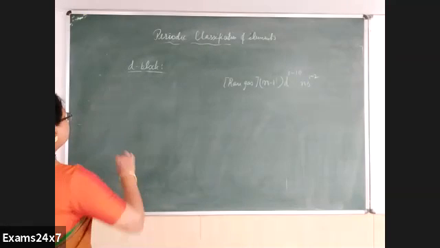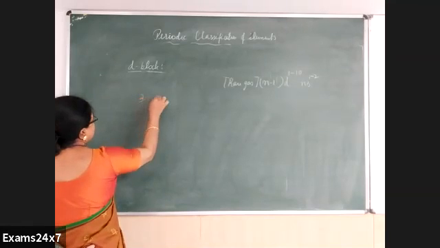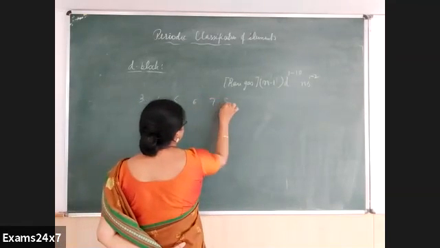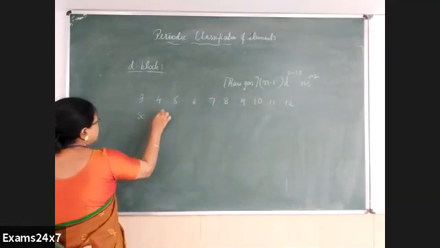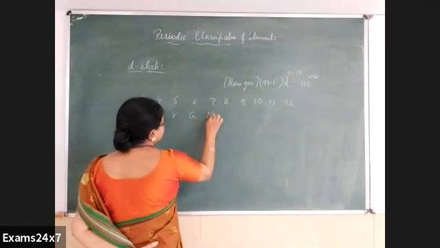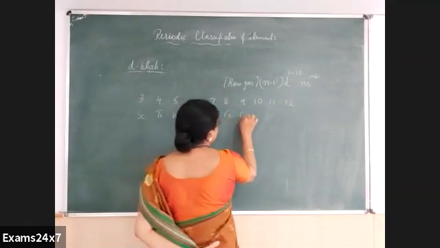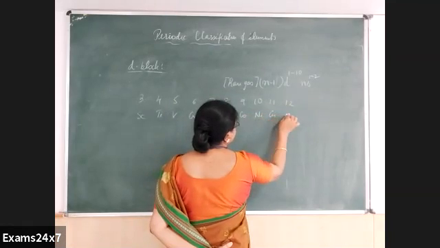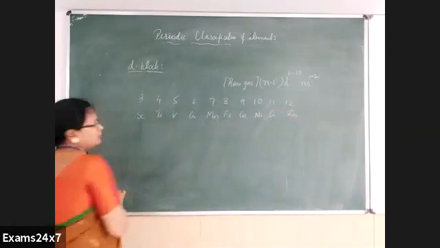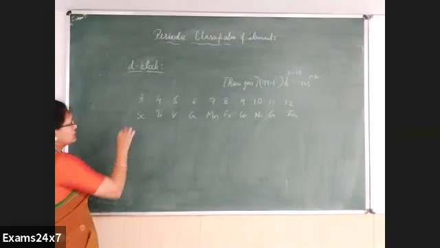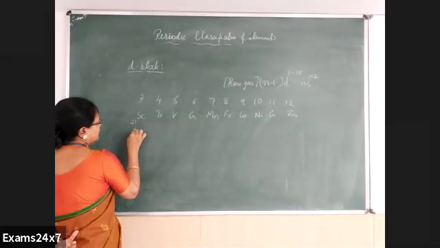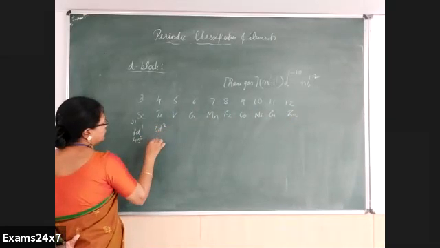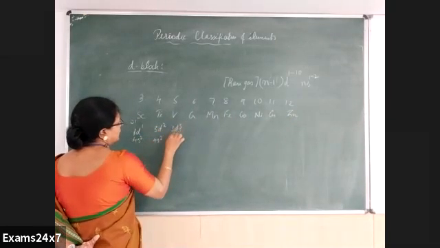Now to find the group number, we'll take the elements from group 3, 4, 5, 6, 7, 8, 9, 10, 11 and 12: scandium, titanium, and so on. Its atomic number starts from 21. Scandium is 21, then 22, 23, etc. When you write the configuration, this will be 3d1 4s2, 3d2 4s2, 3d3 4s2.